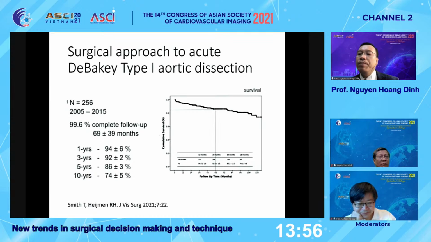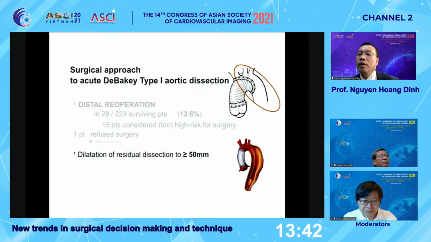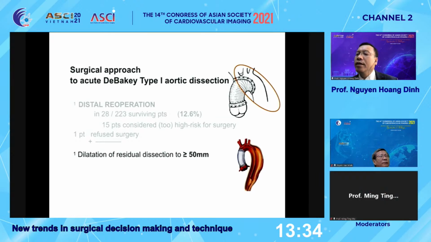At a mean follow-up of almost 70 months, they observe an acceptable survival rate of 86% at 5 years and 74% at 10 years. We focus on the late occurrence of post-dissection dilatation distally, defined as a diameter of more than 50 millimeters.